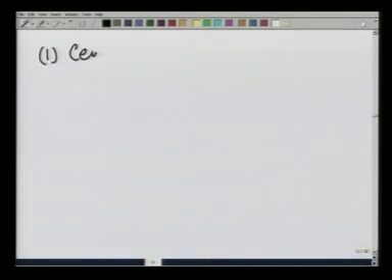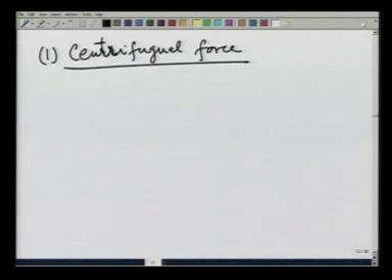So, the first force we consider is the centrifugal force, which is minus m omega cross omega cross r.